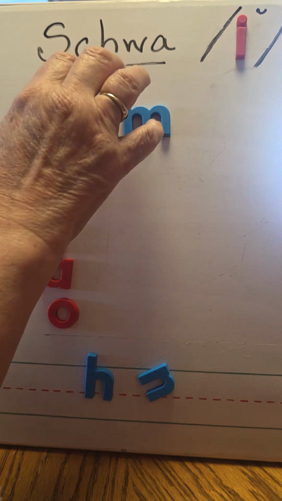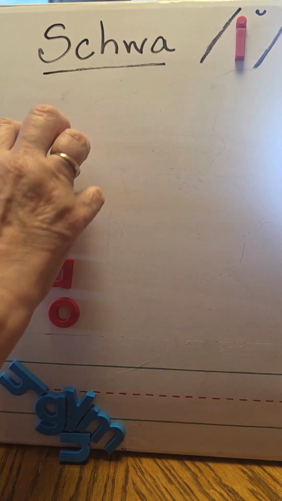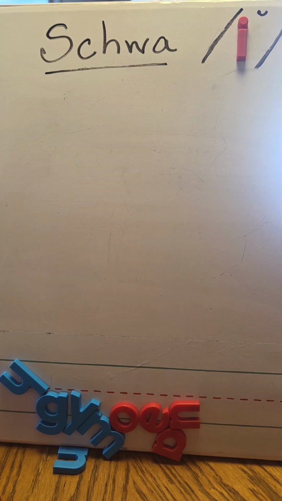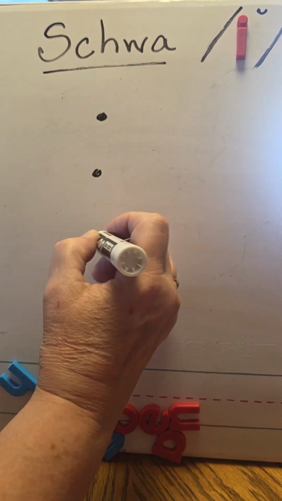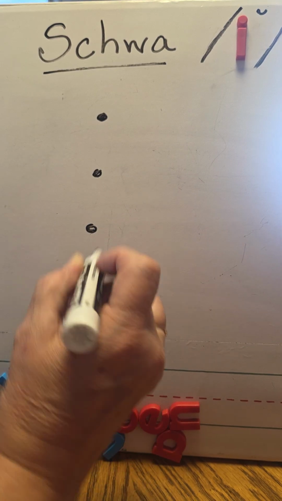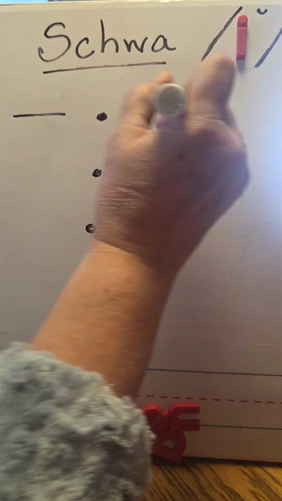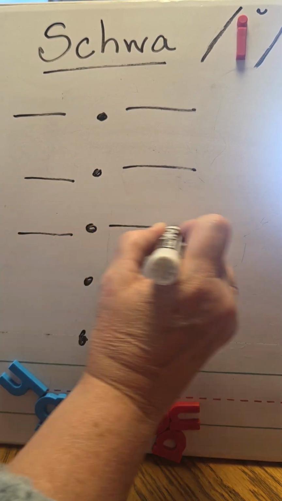So we've talked about Y. Now I'm going to put that away. And we've been learning two-syllable words, so I'm putting the syllable break. Here's one word. We're going to spell another one. We'll have the break in there.